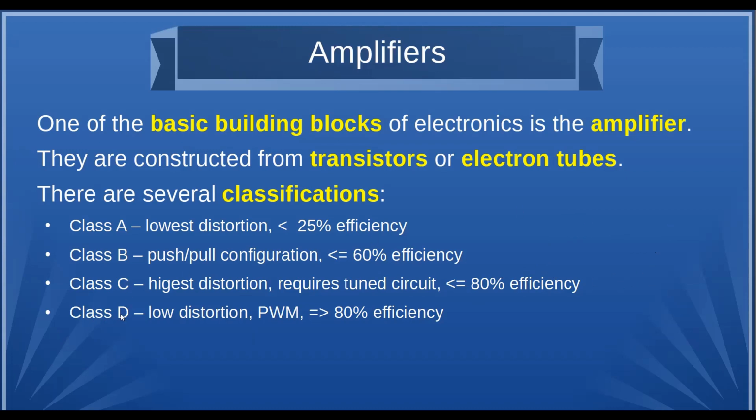And then there's class D, which some people call digital class. It's not really digital, but it does use sort of a digital technique in that you feed the analog signal into a pulse width modulator. So you get square waves of varying width out of it, depending on the input voltage.